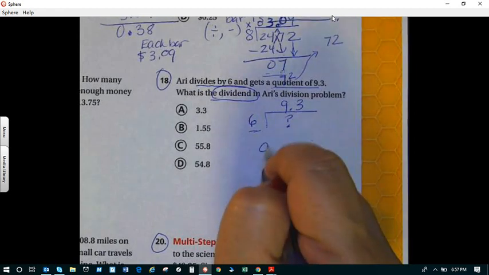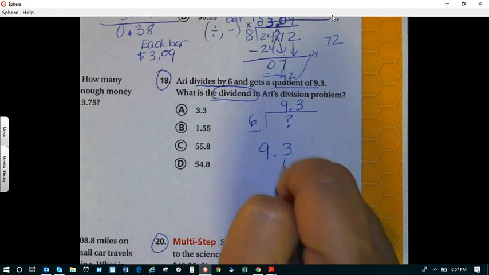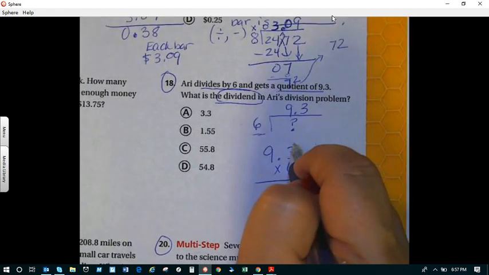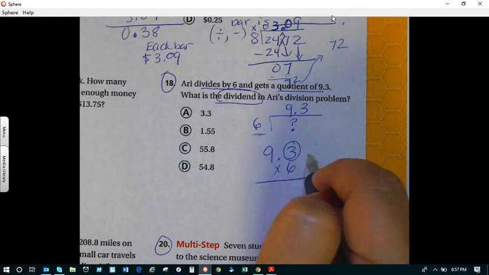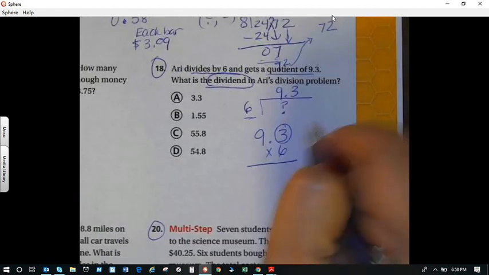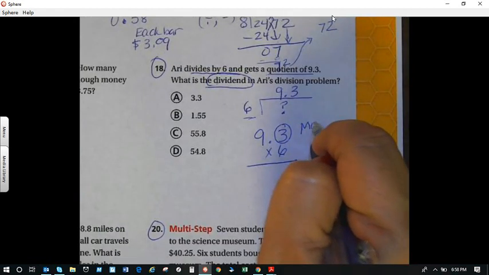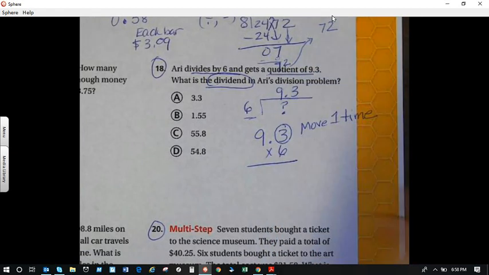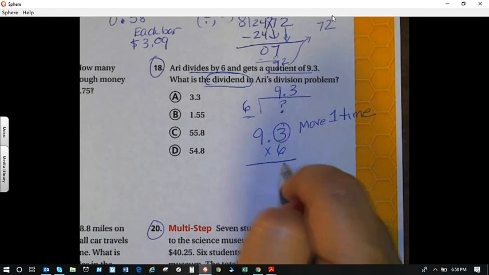So let's go ahead and multiply that out. We're going to move the decimal over one spot from the end. Side note, move one time. Okay? 6 times 3 is 18.